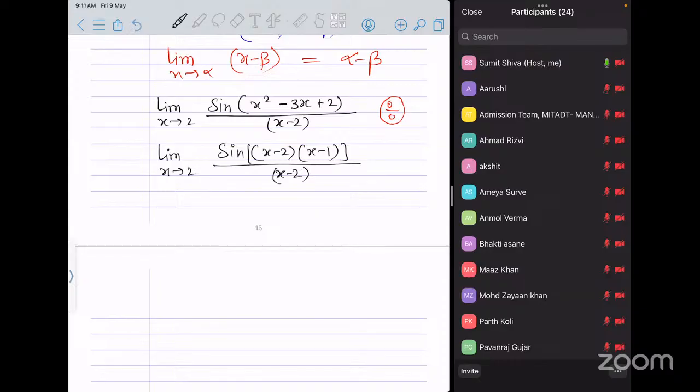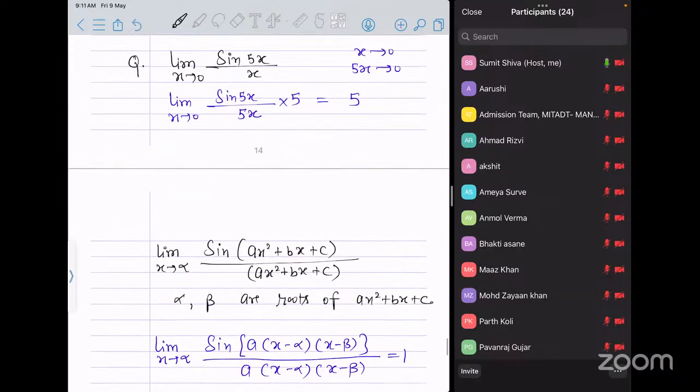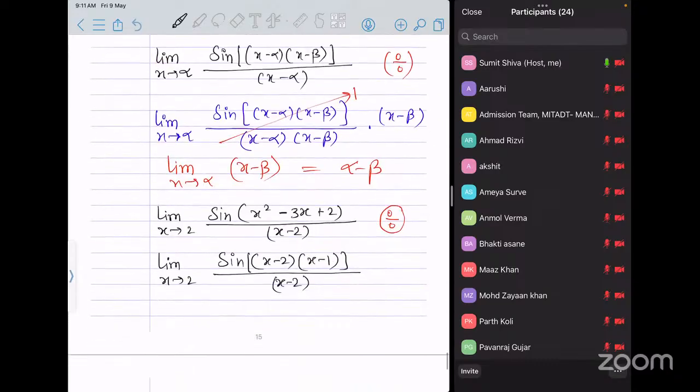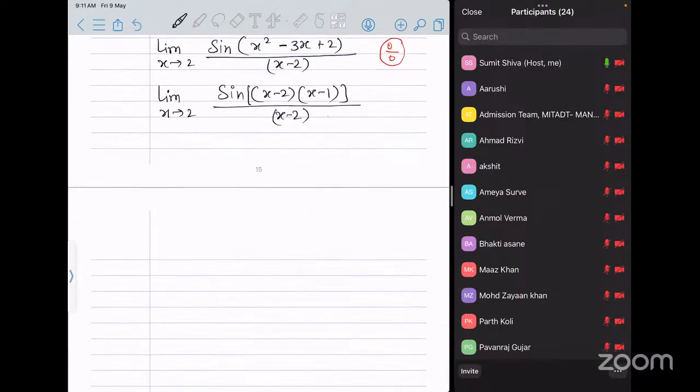And that standard formula, limit f of x tending to 0 sine of f of x by f of x, will work if and only if we have argument of sine and denominator expression same. So I have to arrange the denominator expression to simplify it. And for that, what will I do? I will multiply and divide with the factor x minus 1.